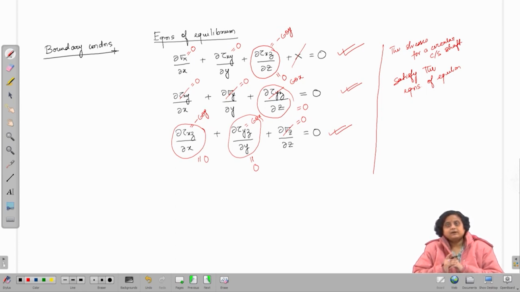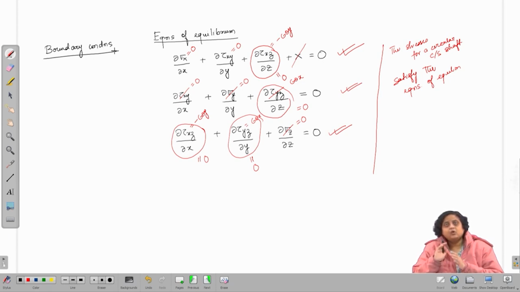Now, what are the boundary conditions of the shaft? The boundary conditions are 0. On the lateral surface, there is no force acting. So, the external surface forces on the lateral surfaces are 0, and the external forces on the top and bottom surfaces are also 0. The only external force or moment that is being applied to the shaft is the torsional moment.